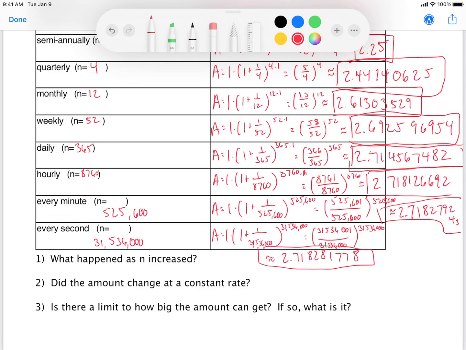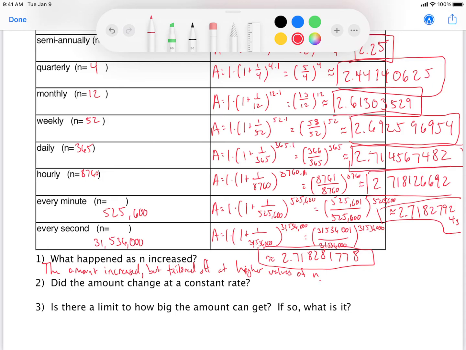So as n increased, the amount increased, but tapered off at higher values of n.